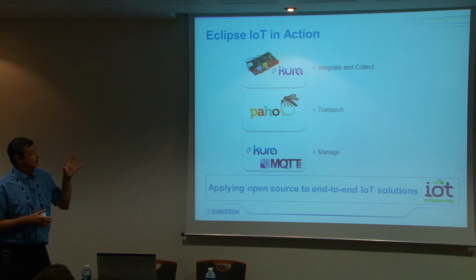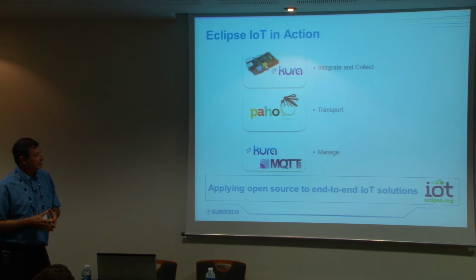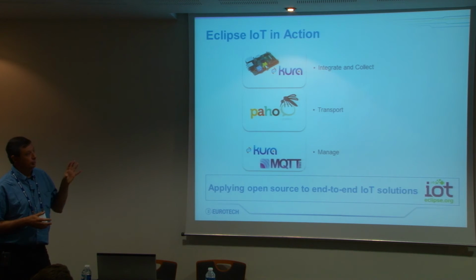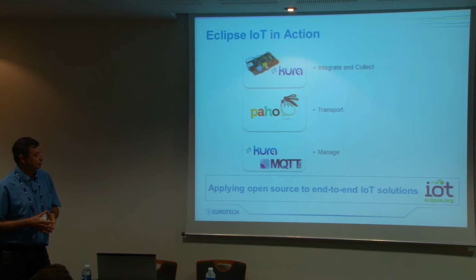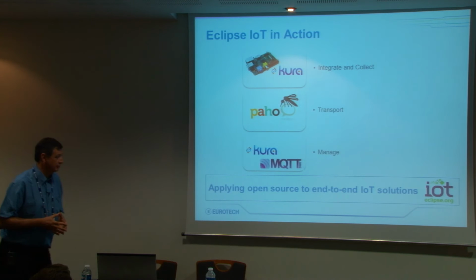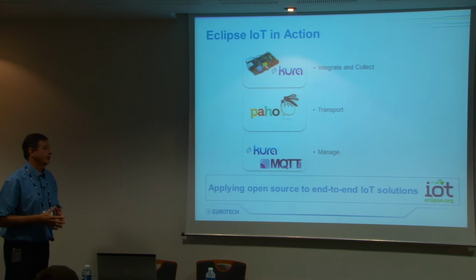So it collects the data, and it transports the data using Paho. There have been other talks about Paho. Paho is the MQTT client that you will find in the Eclipse Foundation, and everything is founded on the MQTT protocol. MQTT is also now a de facto standard in the IoT and is used very widely.